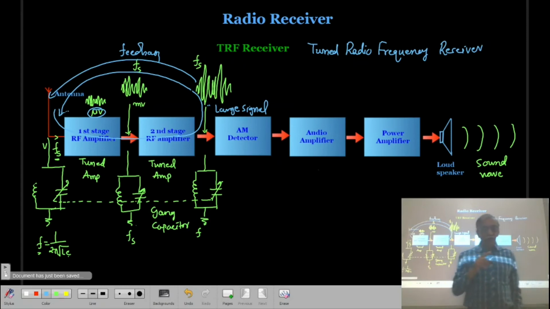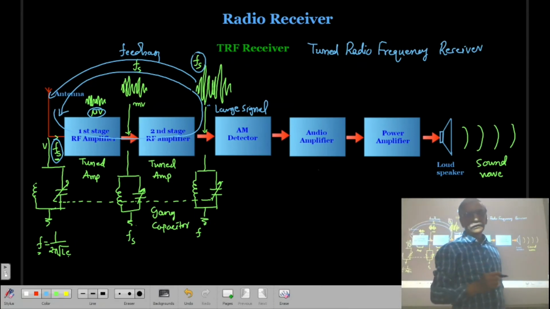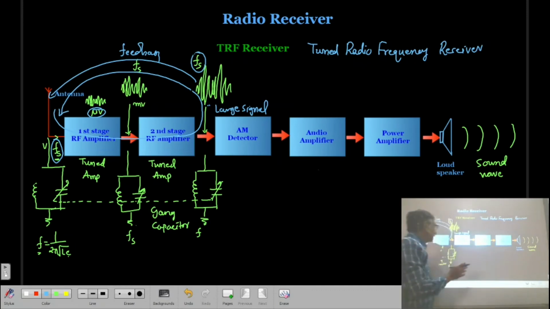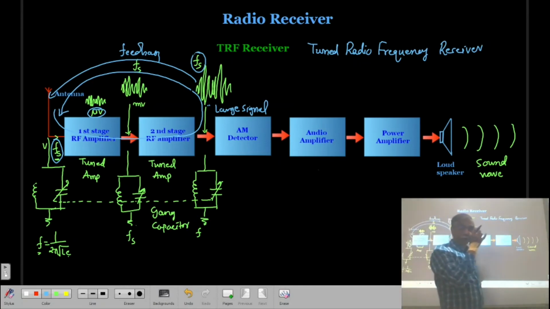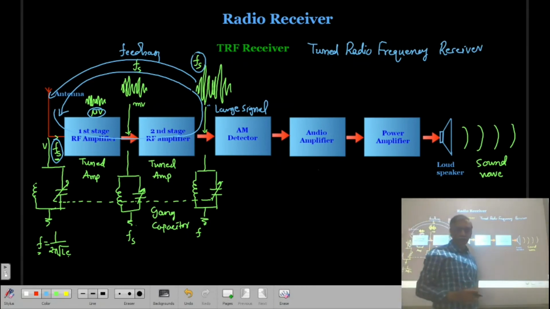Why will it start the oscillation? Because at the input we have the frequency fs and the amplified signal is also fs. The same frequency is entering, which is creating the oscillation in the radio. So in that case, the amplifier is not amplifying the signal, but it will work as an oscillator. So it will produce a kind of instability.